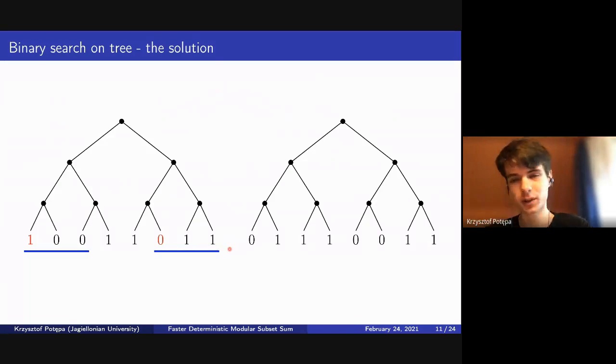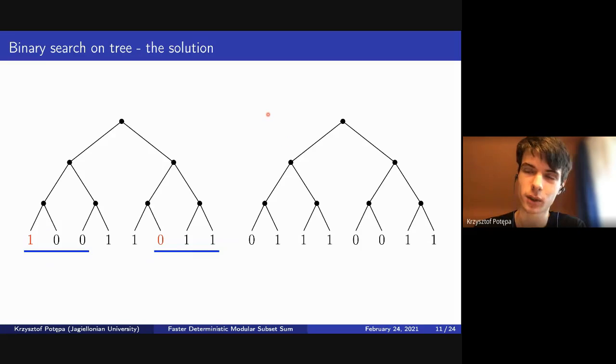But obviously, in our algorithm, this offset changes. We want to do queries for different offsets for this second substring. The first substring is always a prefix, but the second one changes. So we can't keep one tree and work with this. We need to somehow transform it, and that's the basic idea behind our structure.